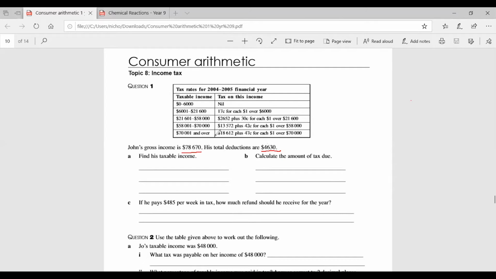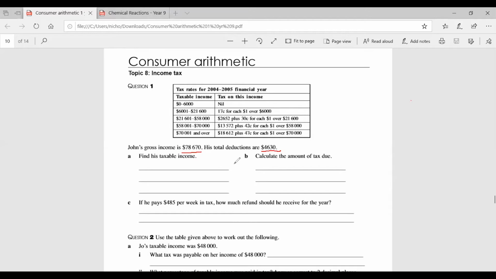I don't get it. So John earns a gross amount. He gets a paycheck, and at the end of the year, he has $78,670, right? He then has deductions on that.